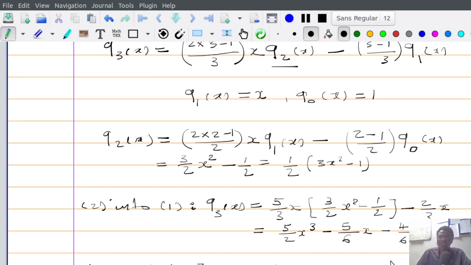So you see that instead of computing this each time, we just identify the degree of the polynomial and substitute that value of n into the recursion formula and we will get the polynomial.